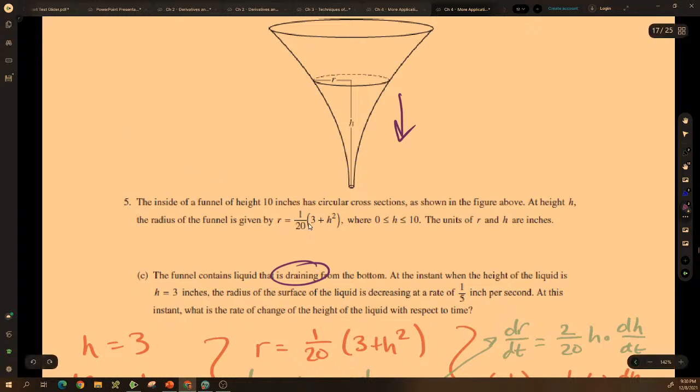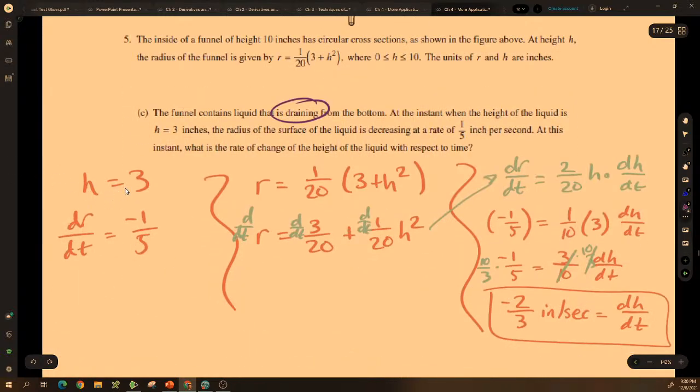So at the instant when the height of the liquid is h equals 3, that's going to be one of my givens. The radius of the surface area of the liquid is decreasing at a rate of 1/5. I know we see the word surface area or surface, and that's a little scary, but it's the radius is decreasing at 1/5 inches per second.